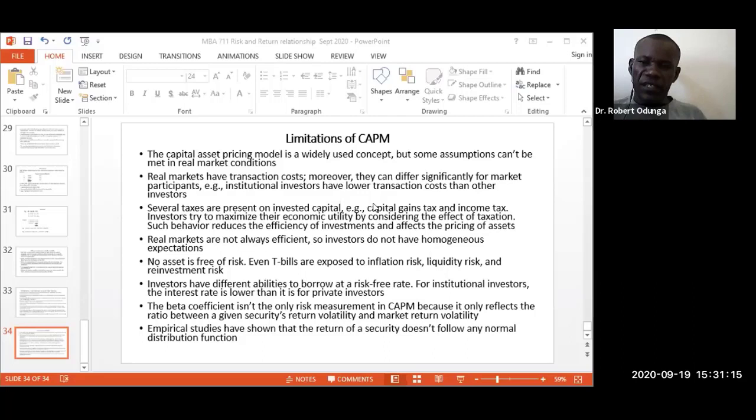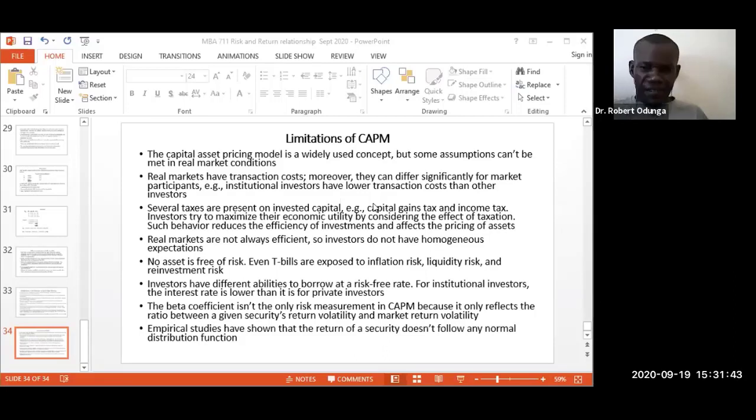So one, for CAPM, real markets have transaction costs. Among the assumptions of CAPM, if you recall, we saw that yesterday, one of the assumptions is that there are no transaction costs in the market.